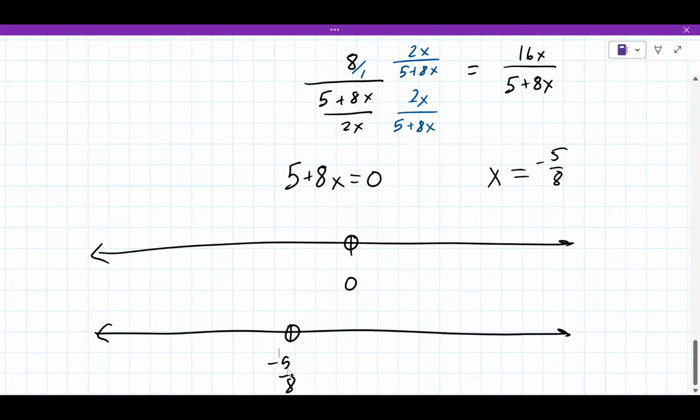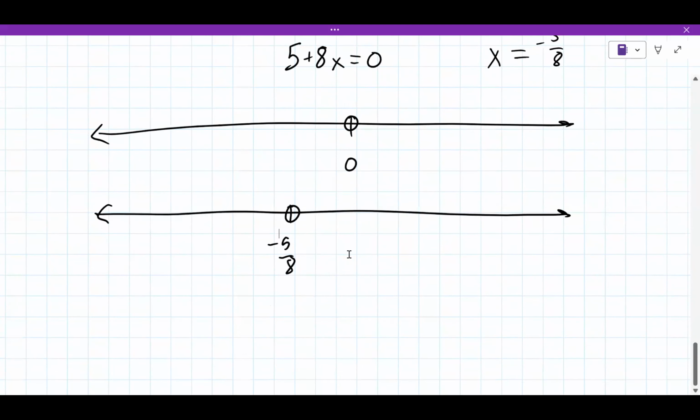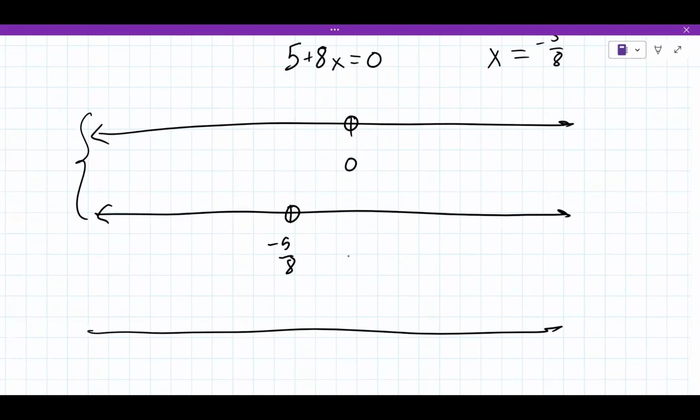There's problems at two places, -5/8 and at 0. It's almost like you're combining these into a new number line where it's bad at -5/8 and bad at 0, but everything else is okay, from -infinity to infinity.